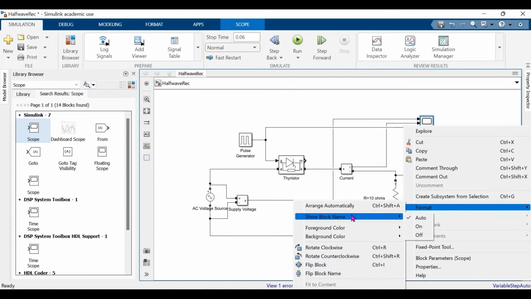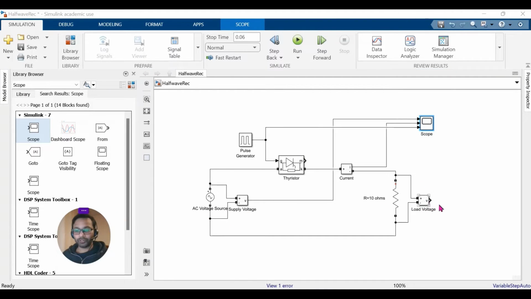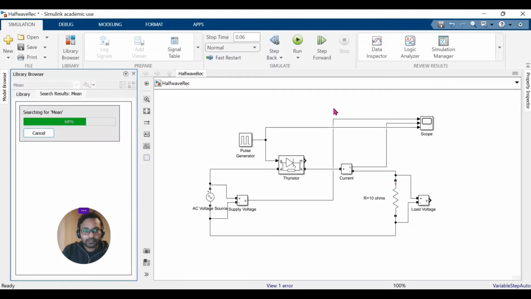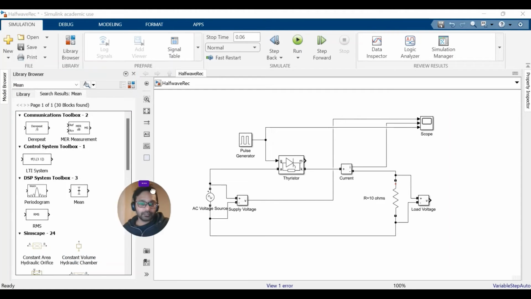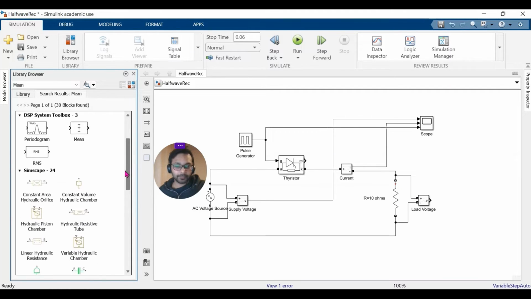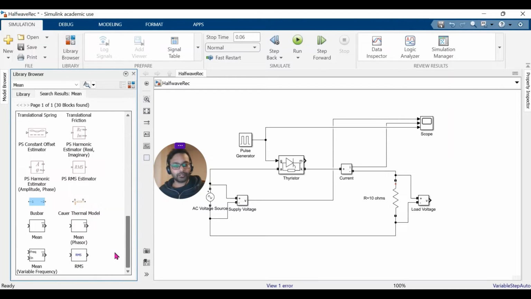I then have to measure the load voltage. So this time let's use a block called mean. That will give me the mean or the average voltage. If you search for mean and scroll down, you will get this block here.